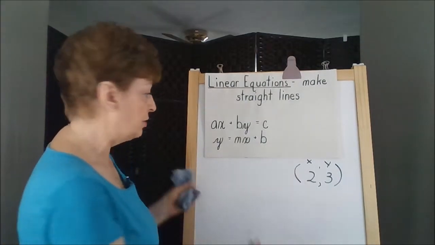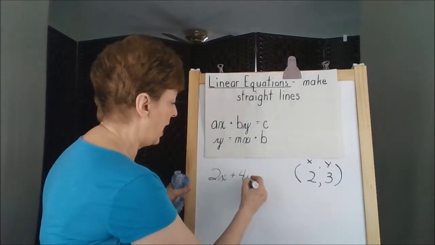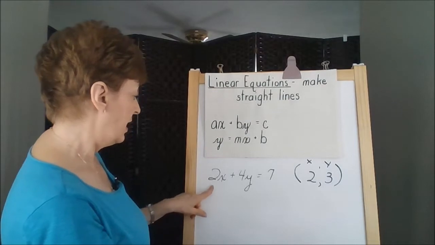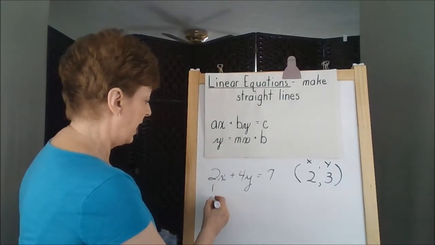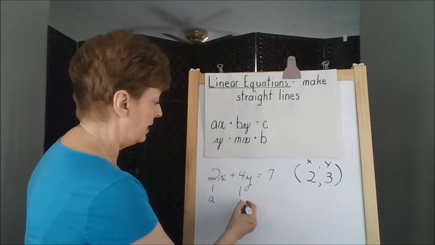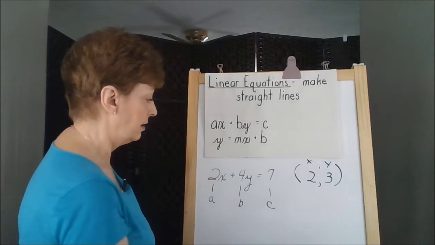So for example, you might have 2x plus 4y is equal to 7. The 2 would be your a, the coefficient of the y would be your b, and this constant would be a c.